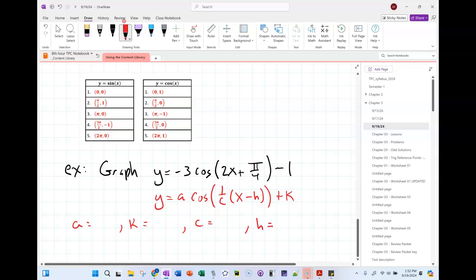Usually before I do that, I write down the general form just kind of underneath my equation so that makes it easier for me to pick out those values that I need.